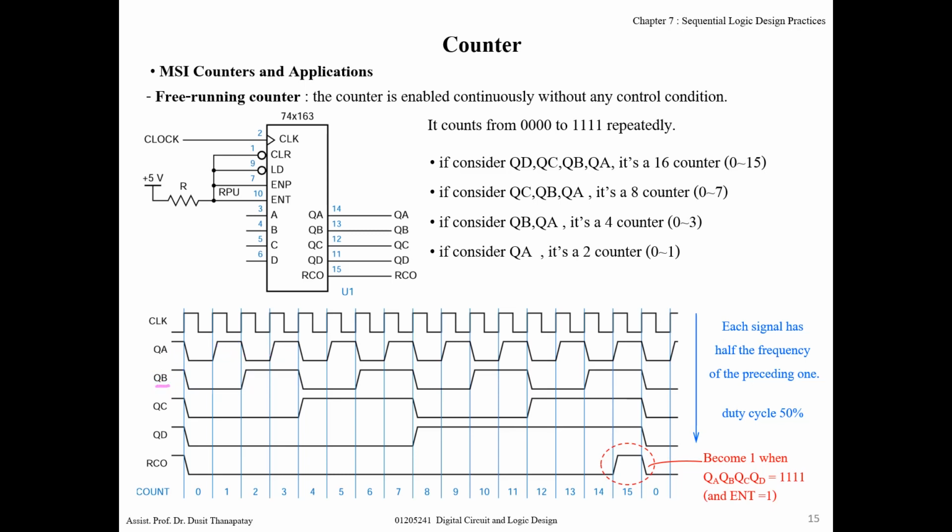That means the frequency of QB is 1/4 of the clock frequency, right? QC is half of QB, so it's 1/8 of the clock frequency, and so on.